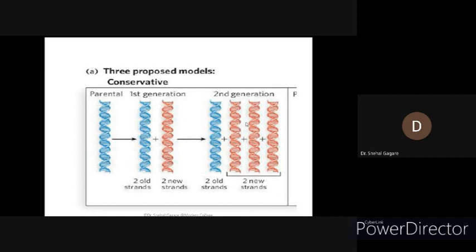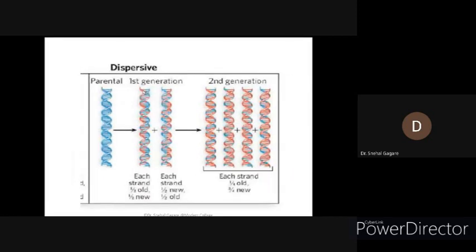After the second generation, one will be a DNA molecule consisting of two old strands, and three new DNA molecules, all having new strands in them. This is the conservative mode of replication. These three models were proposed. What were they? Conservative, semi-conservative, and dispersive model.